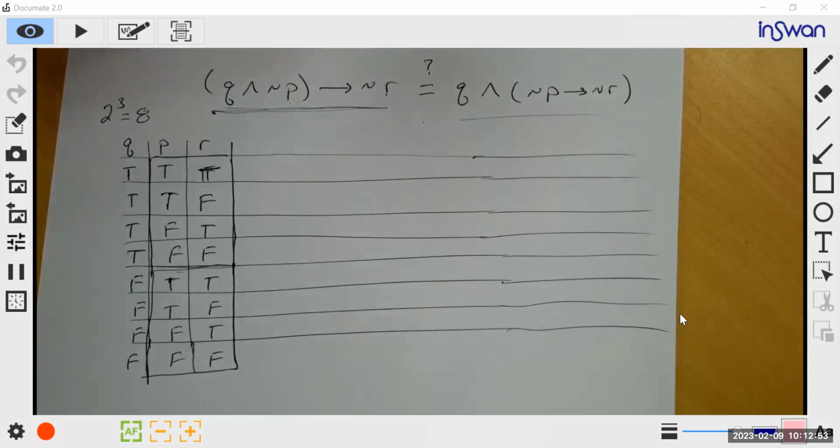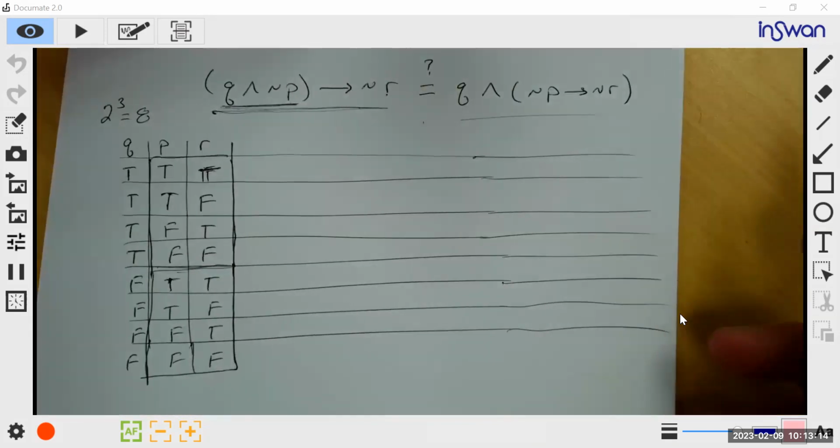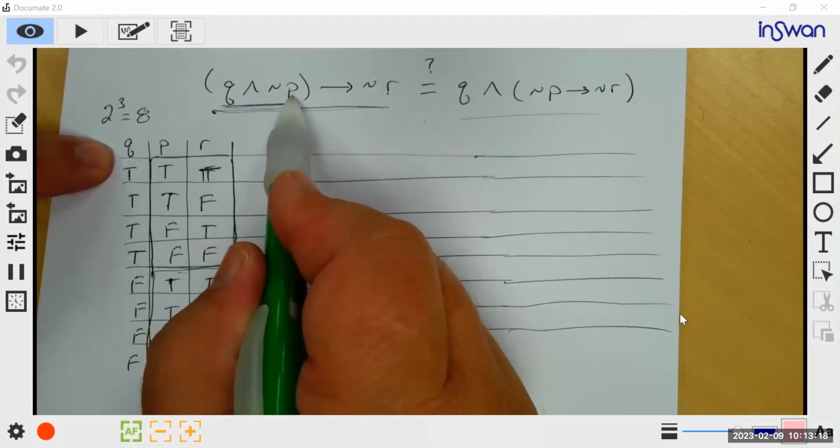So what do we do first? What are we trying to find? We have to do inside the parentheses first. We have a Q. Do we have a not P?